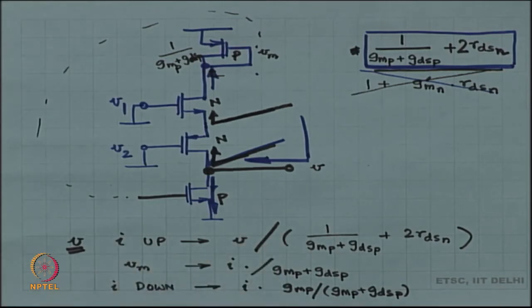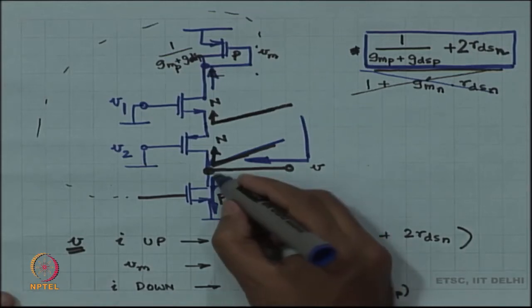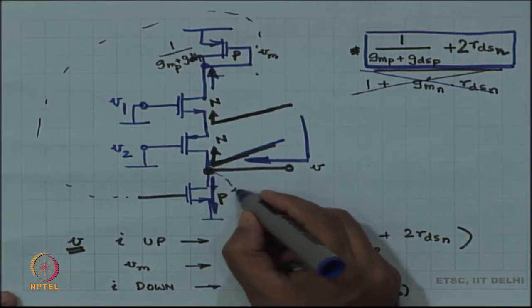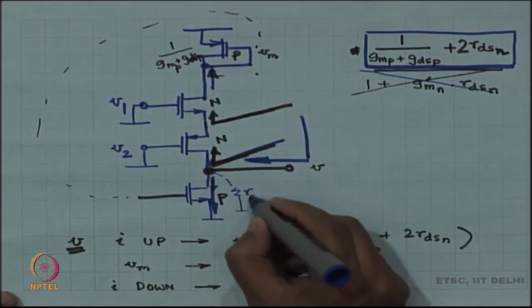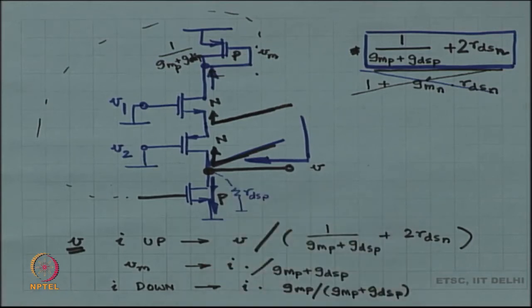Is this okay? And there is now an additional factor. There is also an additional resistance of RDSP over here. Okay, that is also there. You have forgotten that. All right.